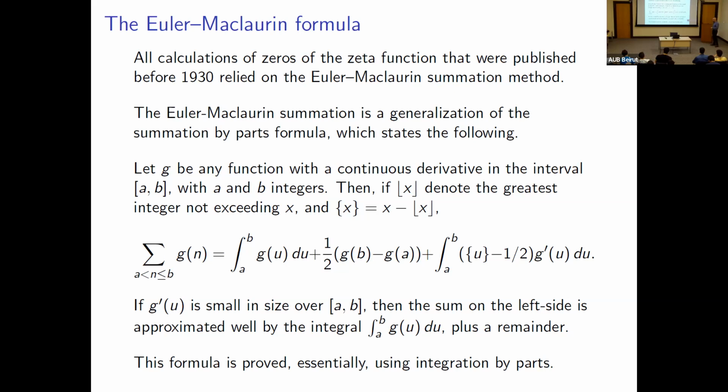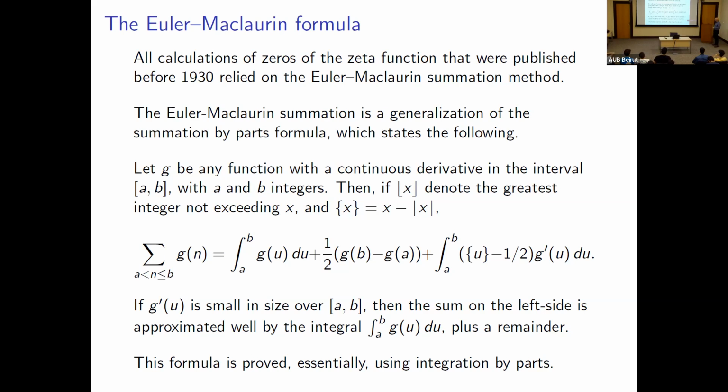The idea is that if you look at this integral, which looks the hardest to compute in general, this is computable pretty easily if g has an antiderivative, or if you use numerical integration. And these are just two terms. So really the most mysterious part is this integral.